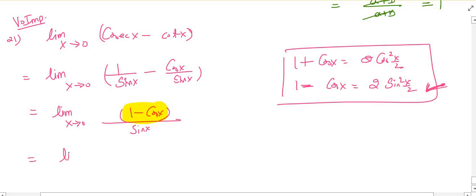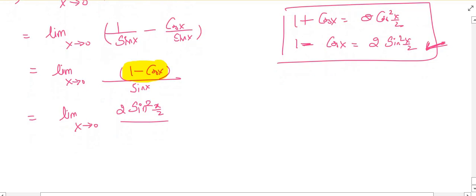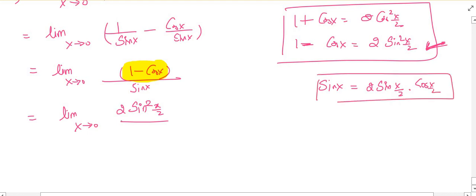Fine. So limit x is going to 0. I hope you are getting it. 2 sin square x by 2. And what is sin x, guys? If you remember from trigonometry, sin x is 2 sin x by 2 cos x by 2. Let me use it here. 2 sin x by 2 cos x by 2.